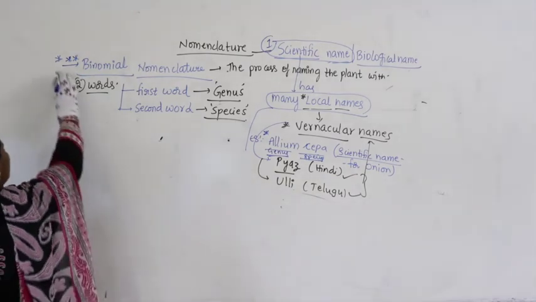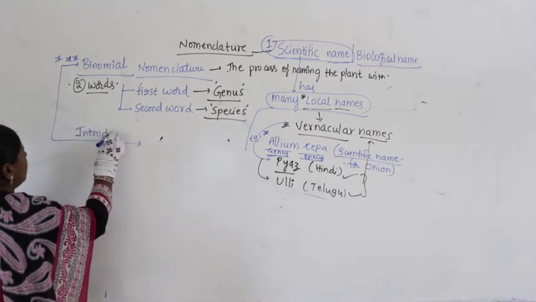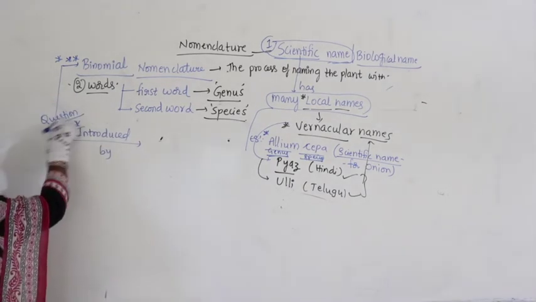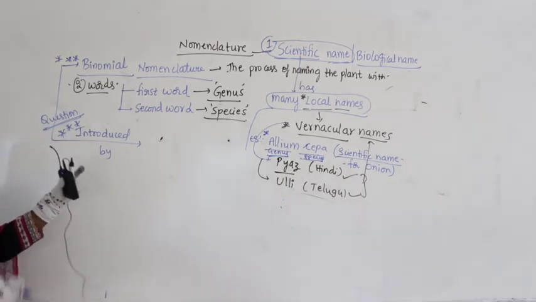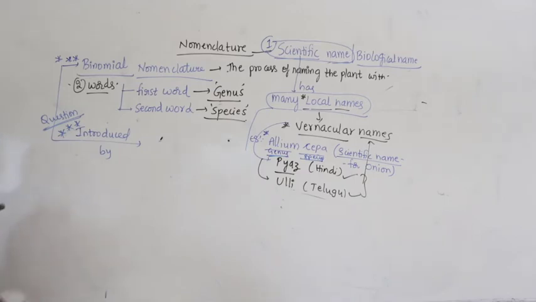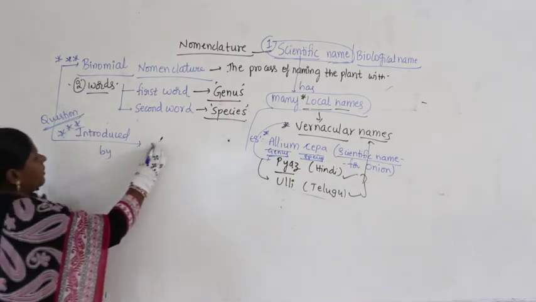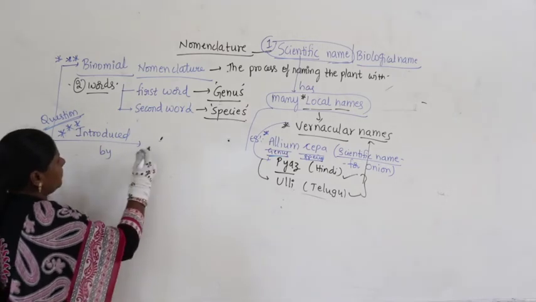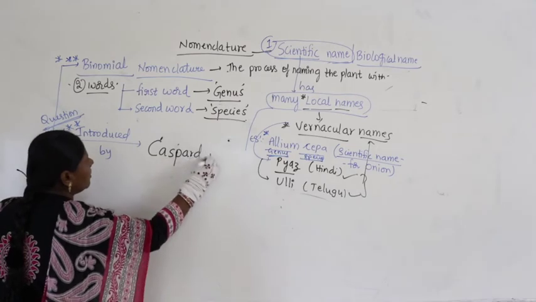Now this binomial nomenclature, who introduced binomial nomenclature? It was introduced by, remember, Caspar Bohen.